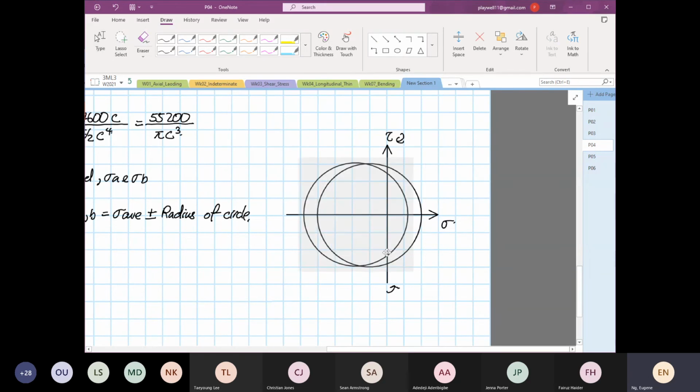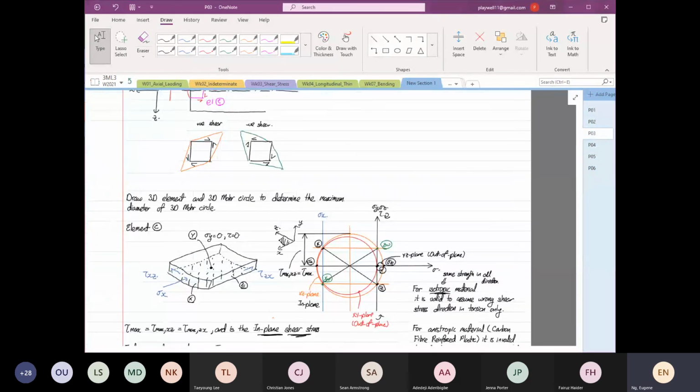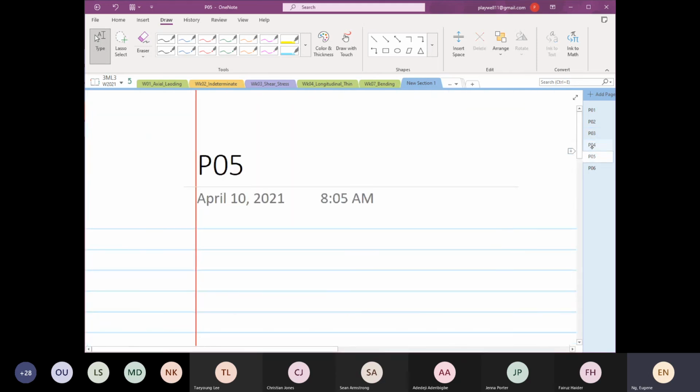We have already acquired that the in-plane circle has the largest diameter, or largest radius, from what we've done in our analysis. Do not worry about the Mohr's circle on the other two planes. We already know that this is the biggest, so we're going to focus on that.